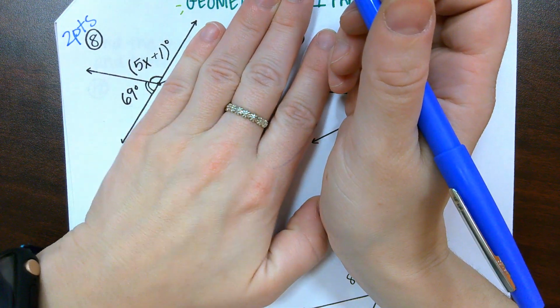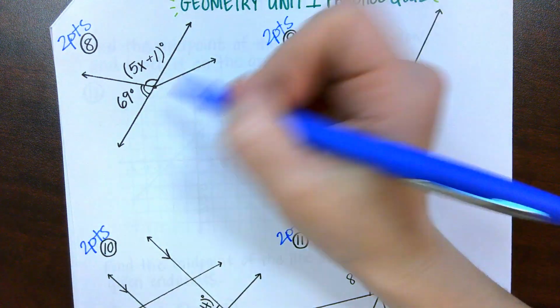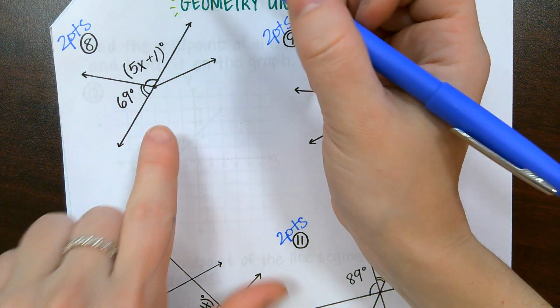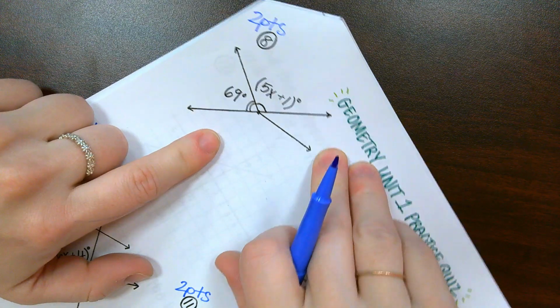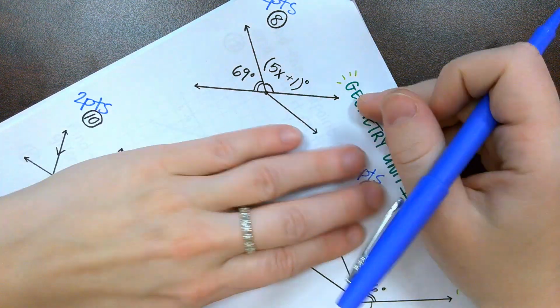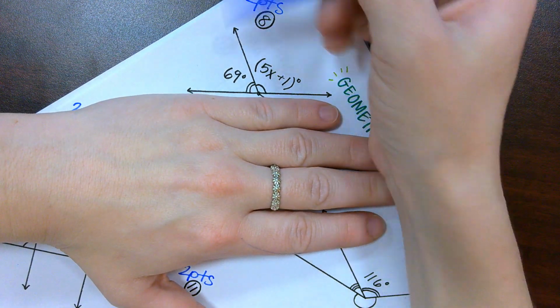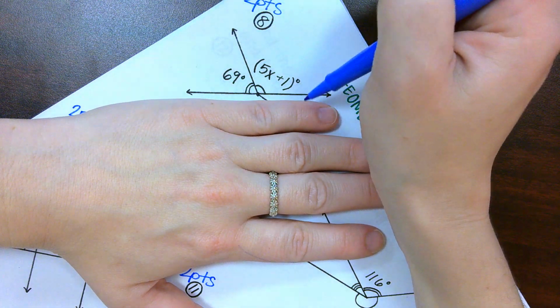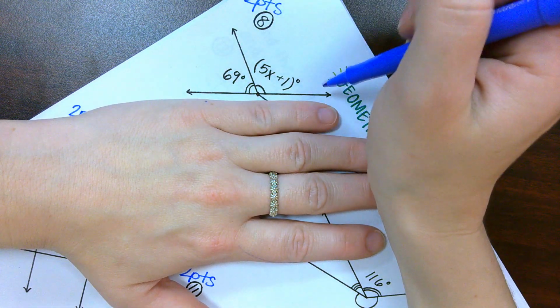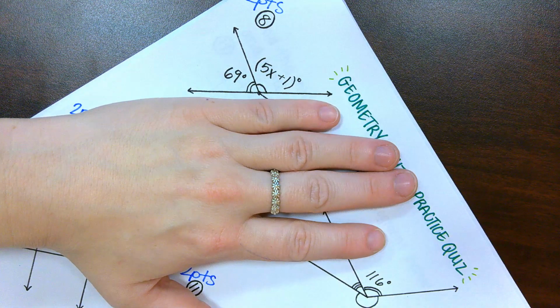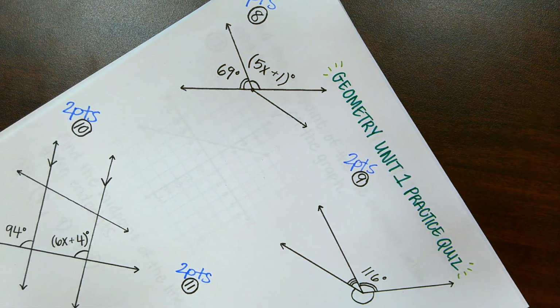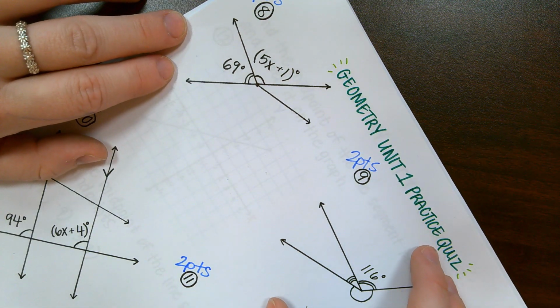This is extra information that we do not need. So we're just going to ignore them. Okay, let's focus on these. If I tilt my paper to the side, it might be a little easier to notice that this is a 180-degree angle. So these are supplementary angles, which means if I add these together, I'm going to get 180.